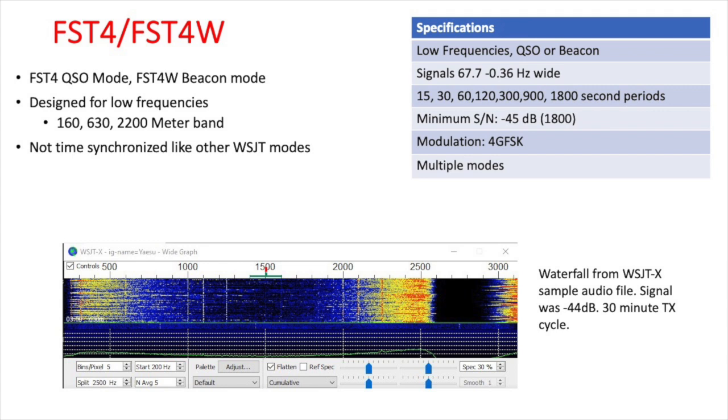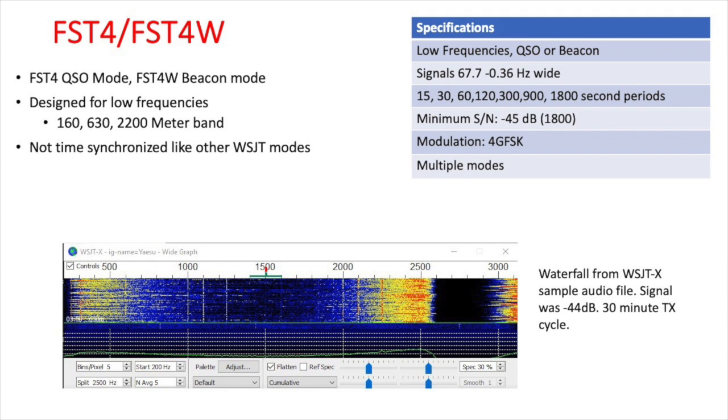And another thing, it's not time synchronized. It's got sync built in, so you can be in whatever time, you don't have to wait. That's Gaussian, yeah. The G in the mode is a Gaussian modulation, so a different form of FSK.